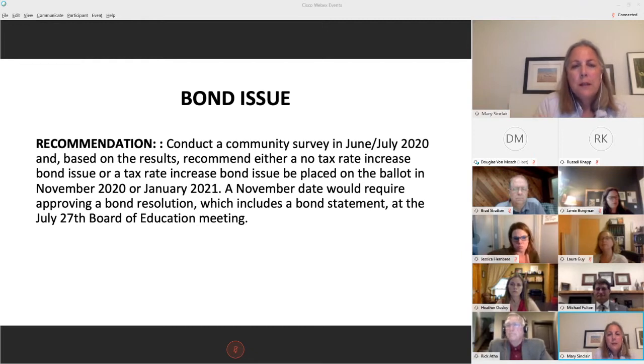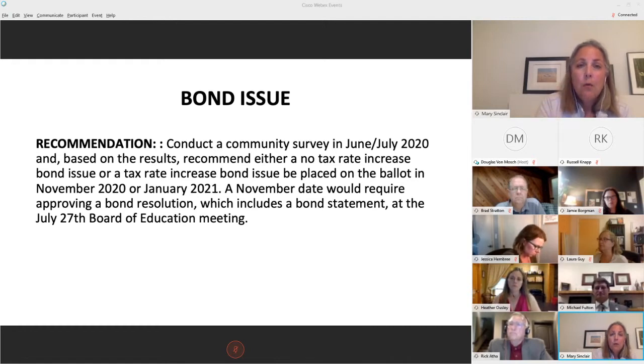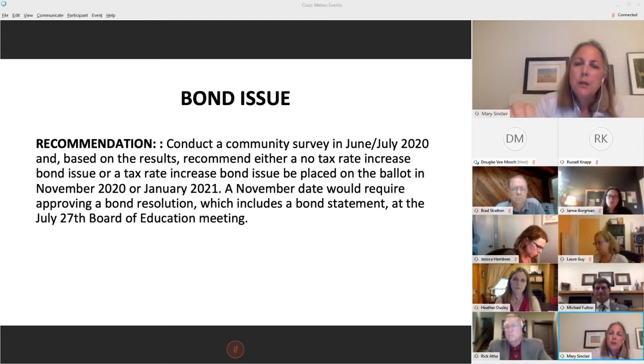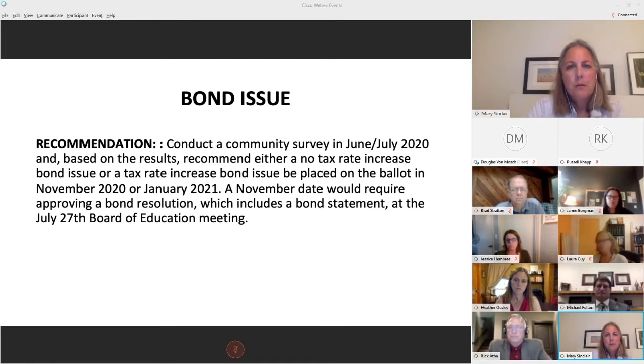So while today's conversation or this recommendation might be heavy on bond issues, would you say that what you presented today really is that work of adjusting our budget to meet the newly identified priorities of Strategy 3, how we're going to provide our educators with the capacity to fulfill the mission of the district, to adjust that workload?